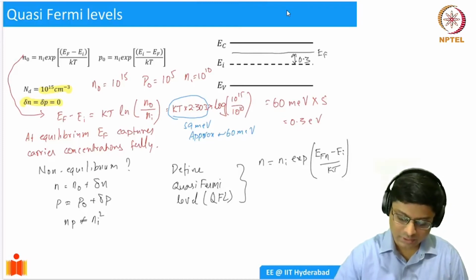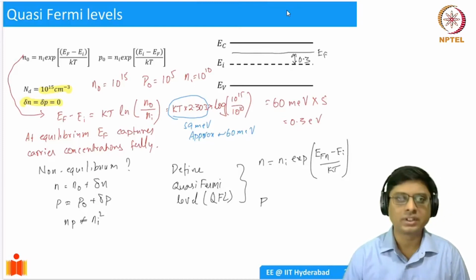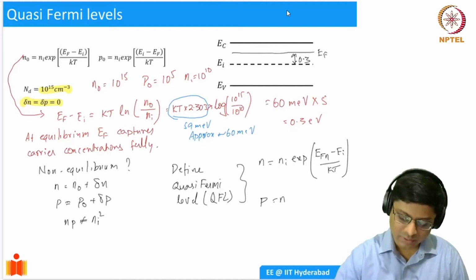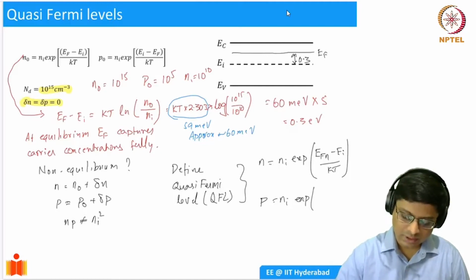Similarly, for holes, I will replace the equilibrium hole density by the total hole density, and that will be equal to exponential. You might already be guessing here. Instead of EF, I'll put EFP by KT.